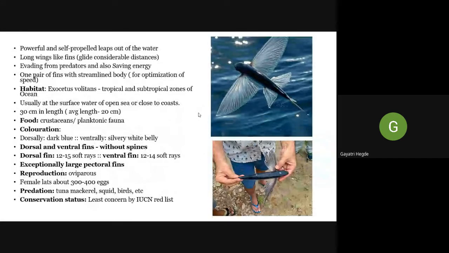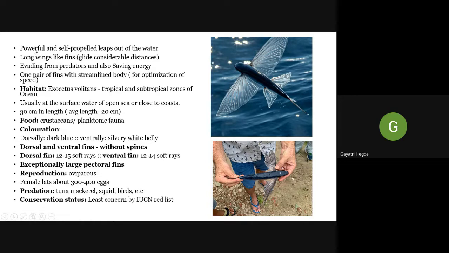Now this was the general characteristic of that family. Now we will study the general characteristics of this particular fish. It has long fins which resemble wings, which help it to glide and cover considerable distances.